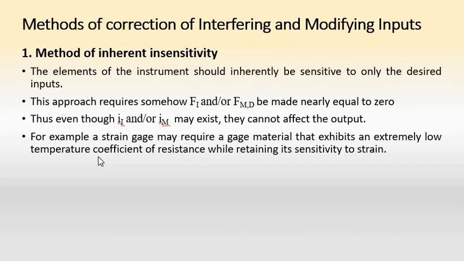Okay, so if you are using such a gauge material that has an extremely low temperature coefficient of resistance, then with the variation in temperature it will not change the strain reading. In such cases the strain gauge material will be only sensitive to strain, whereas it is insensitive to temperature difference. That is an example of this method.